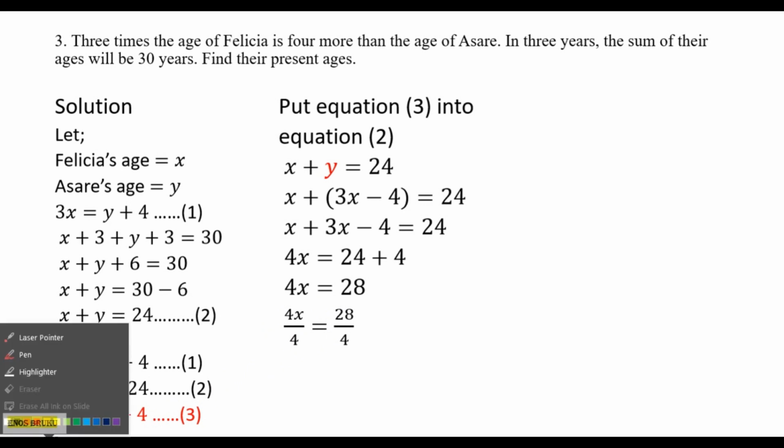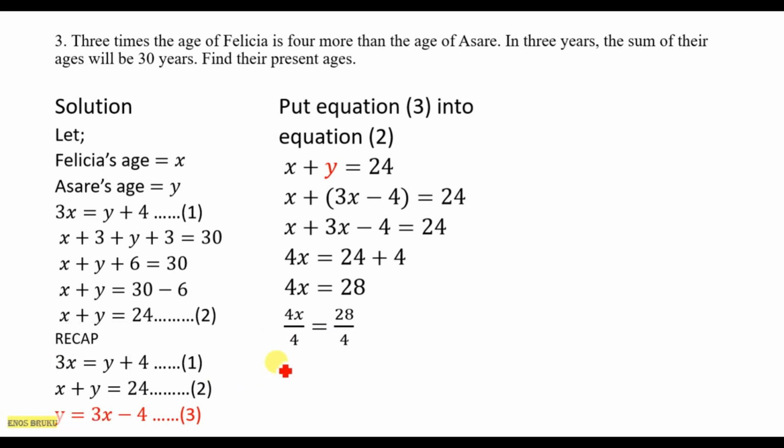All right, so now 4 will cancel 4, and then 4 will go into 28 7 times. So our x is equal to 7.